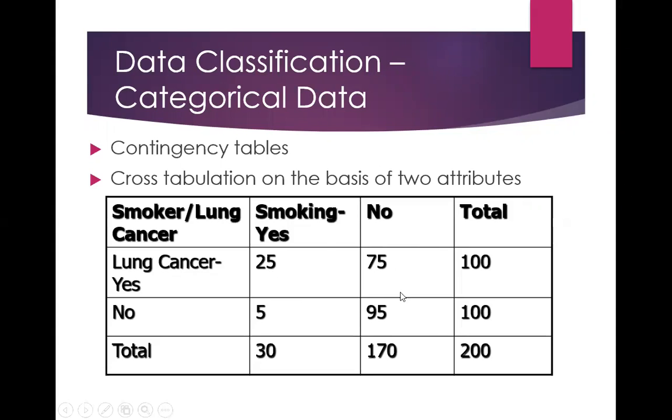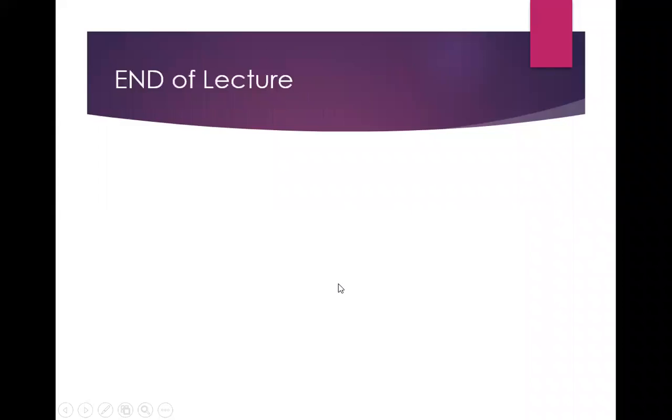As I told you in one of my lectures, whether smoking is associated with lung cancer, we can easily apply the chi-square test. And to apply the chi-square test, we need to make the contingency table or cross tabulation of these two attributes. One attribute is smoking, the other attribute is lung cancer. And there are two options for each attribute, so it is a 2 by 2 table. So this is all about data classification, which depends on the type of data.